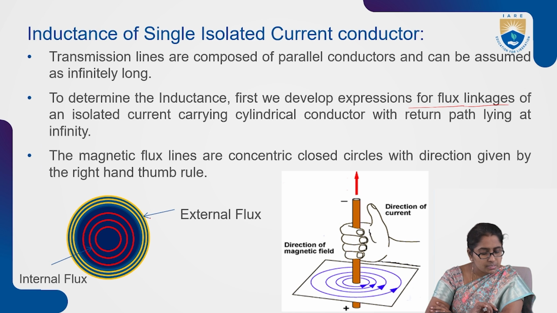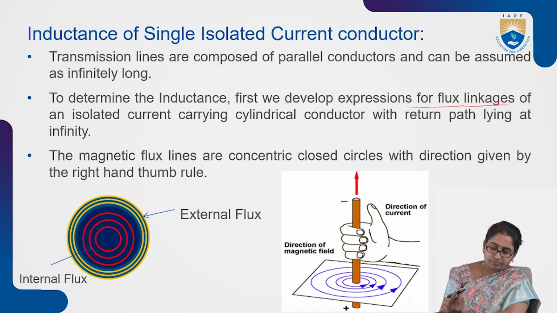External flux is the flux over the surface of the conductor. And this is how the right hand thumb rule gives the direction of the magnetic flux lines: if the current direction is given by the thumb, then the fingers give the direction of the magnetic flux lines.